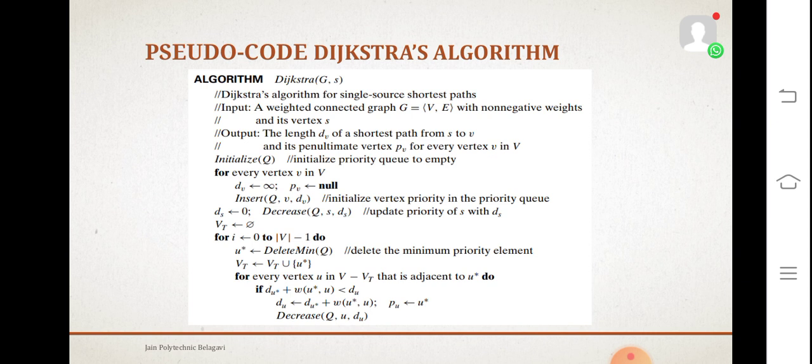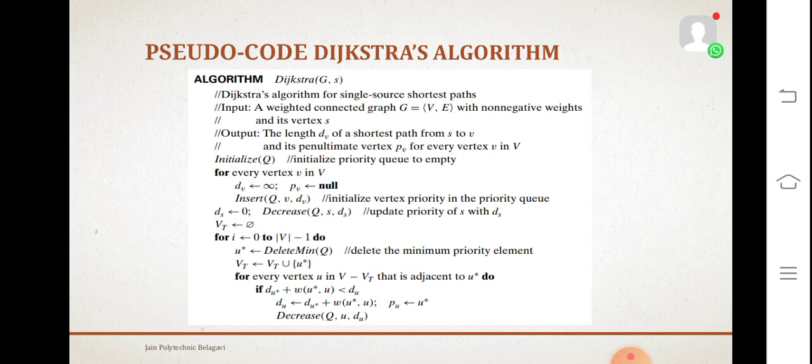Insert(Q, v, dv), that is, initialize the vertex priority in the priority queue. Then update the priority of S with ds, where ds is initially 0, using Decrease(Q, S, ds). Then for i equal to 0 to n minus 1, that is, the number of vertices minus 1, do: u star is the deleted minimum priority element from the given graph.